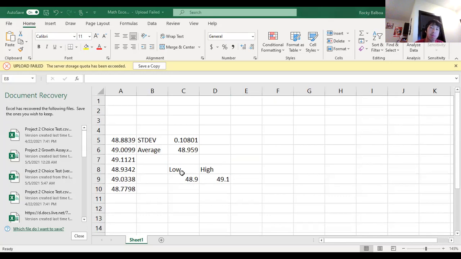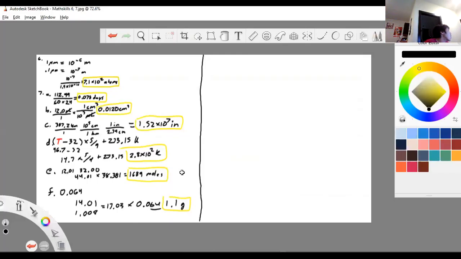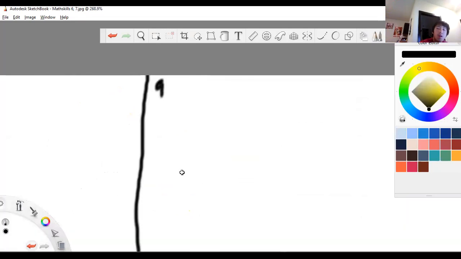Back here to the whiteboard, and we're at 9. Round each of the following measurements to the indicated number of significant figures, include units in your answer.